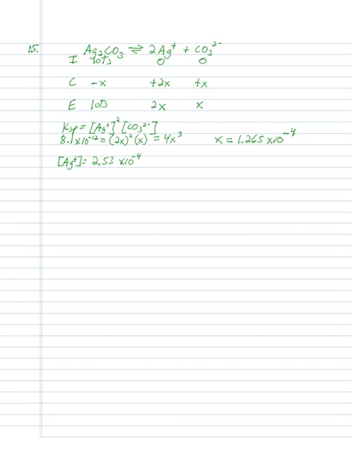Number 16 becomes fairly simple because it just asks for the carbonate ion, and the carbonate ion is just equal to x. So x is 1.265 times 10 to the minus 4. That one just falls into place with 15.